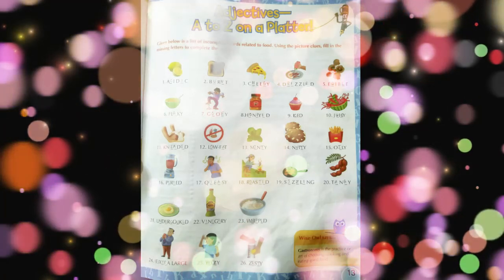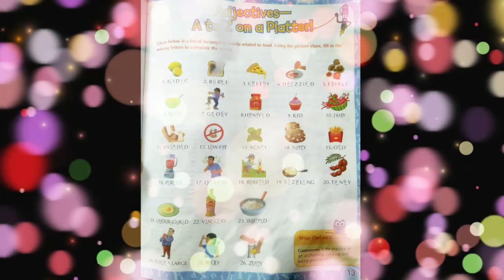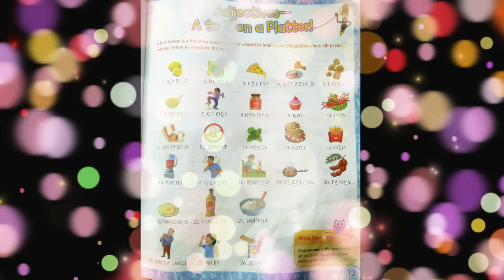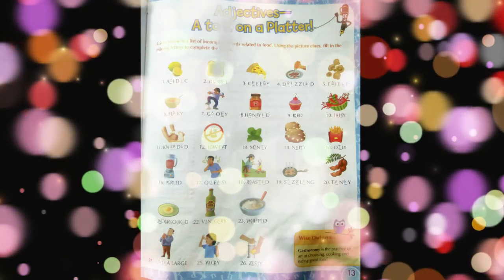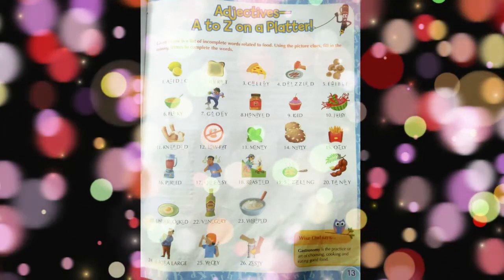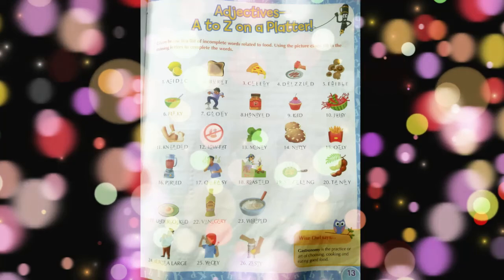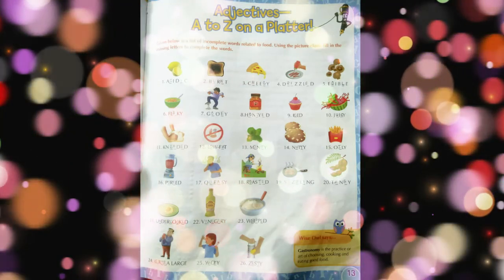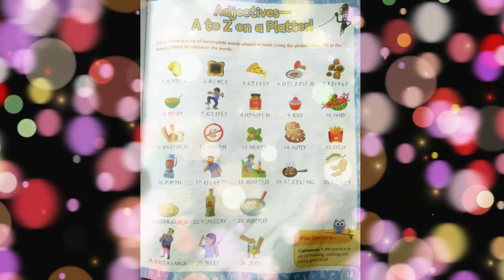B-U-R-N-E-D. Burn. Yes, burned. Okay, the third one. C-E-E-Y. Can you see cheese in that picture? Okay, you fill that in, the missing letters.